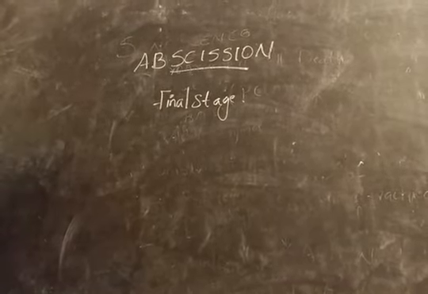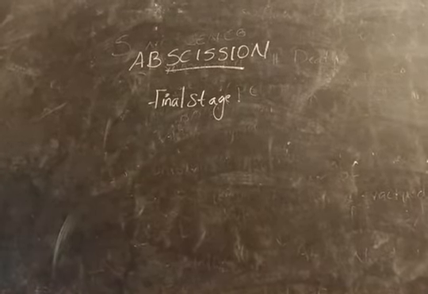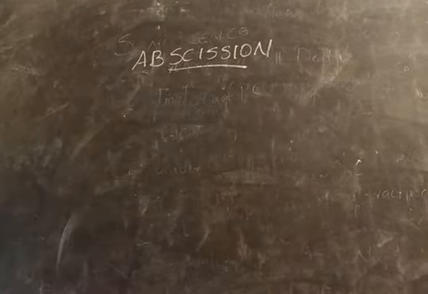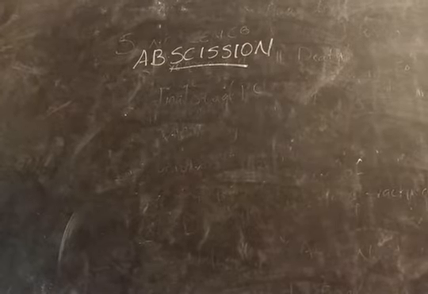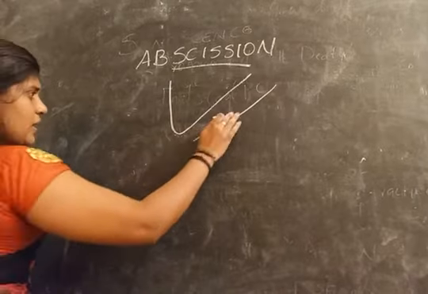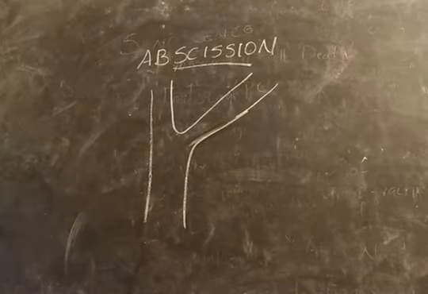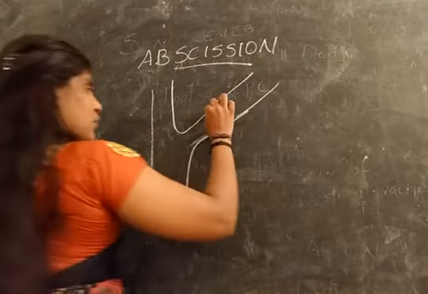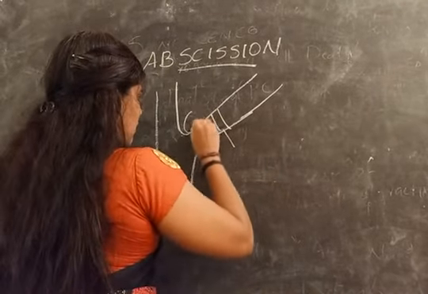Now we can look at the morphological and anatomical changes during abscission. Leaf abscission takes place at the base of the petiole, and it produces a layer called the abscission layer.